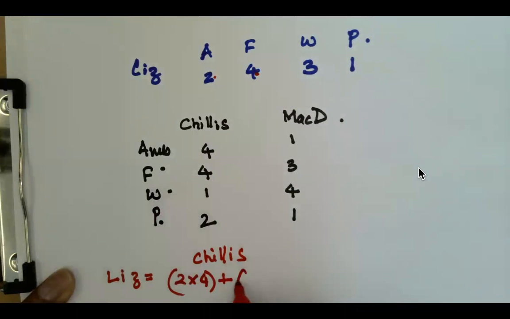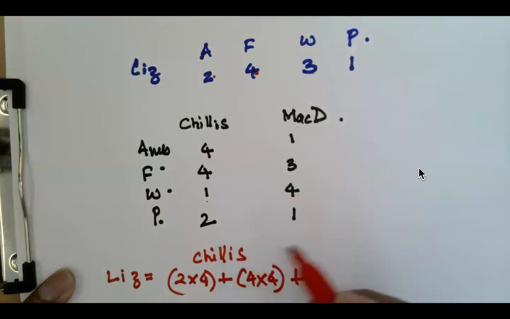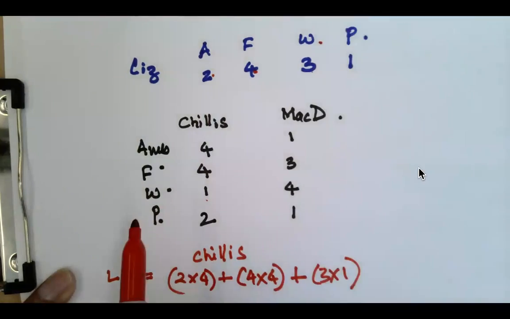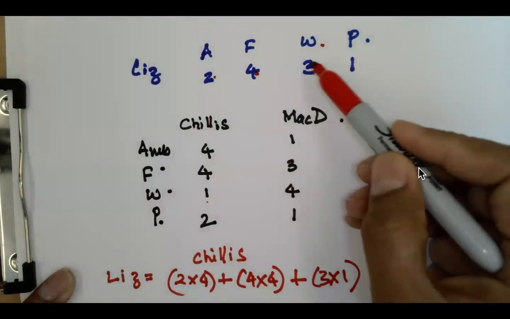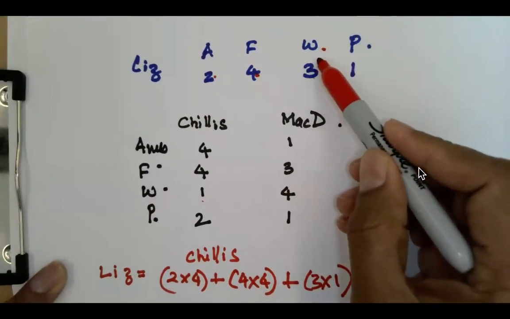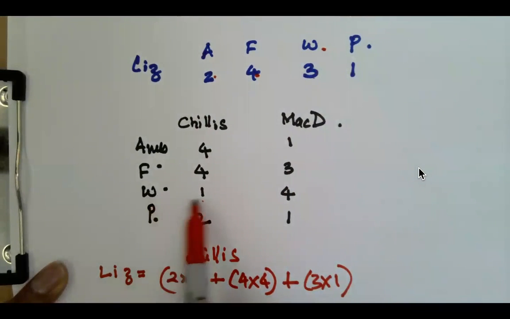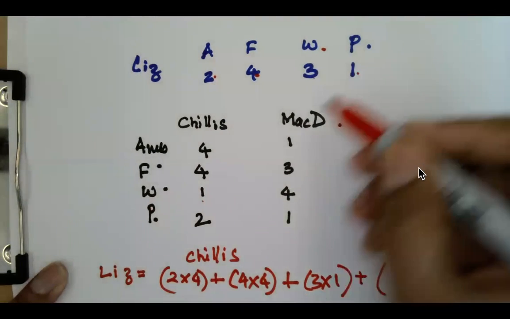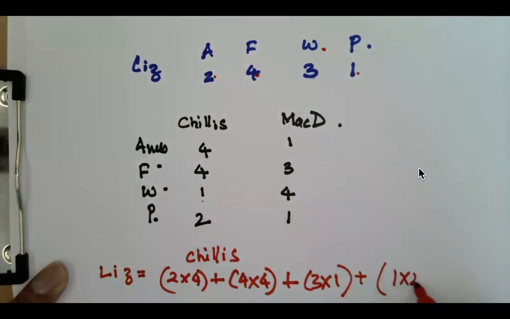Then 3 and 1 in the same way, because we are comparing Liz's preference for waiting time with the waiting time of the given restaurant. Finally, we look at parking, 1 versus 2, so 1 multiplied by 2, and we do the multiplication and sum it up.